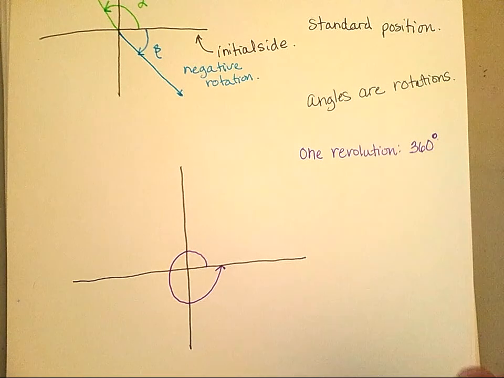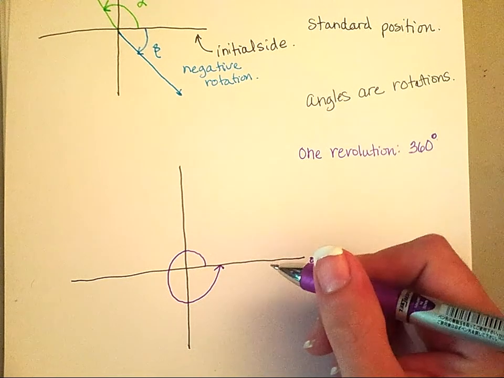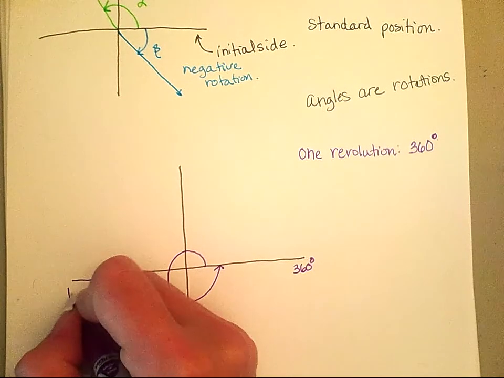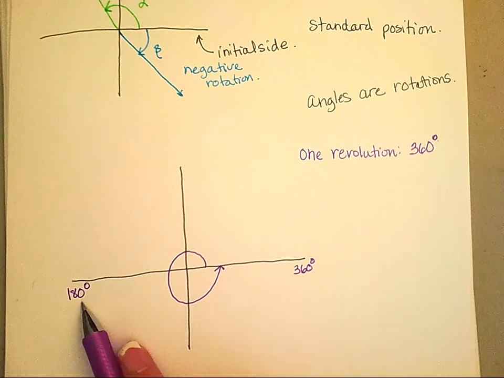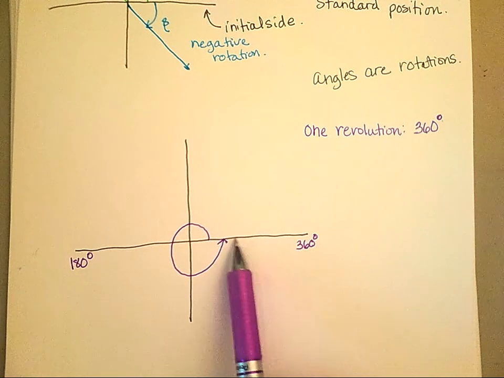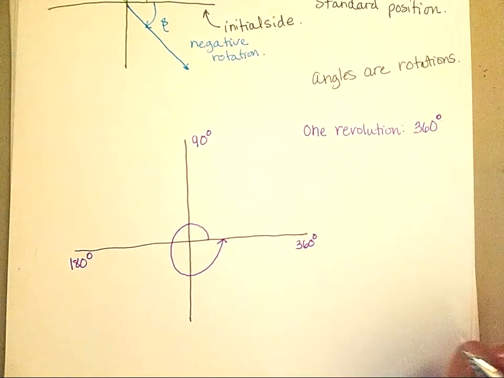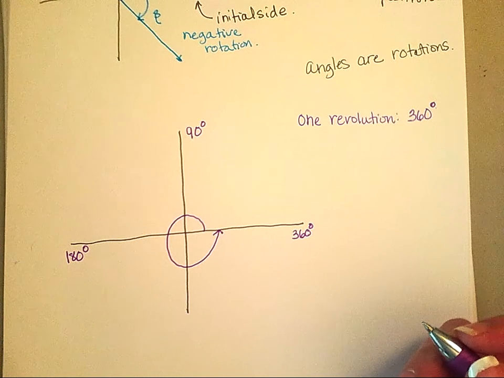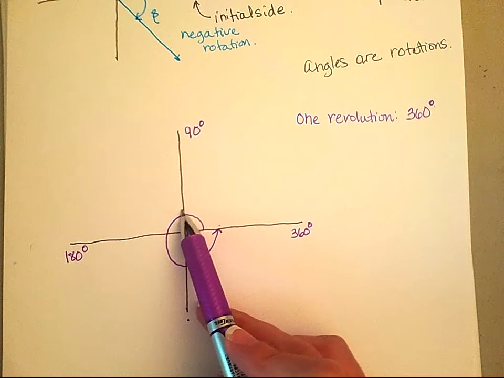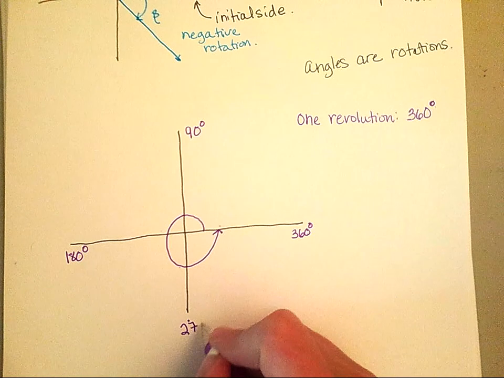Well, if this whole thing is 360 degrees, then if I've gone halfway around, this must be 180 degrees because it's half of 360. And if I only want to go a quarter way around, well, that's half of the half, so this must be 90 degrees. And if I want to go 3/4 the way around, well, that's 90 plus another 90 is 180, plus another 90 is 270 degrees.